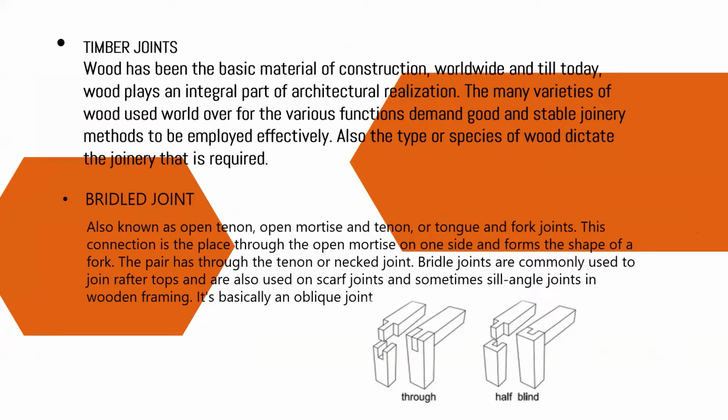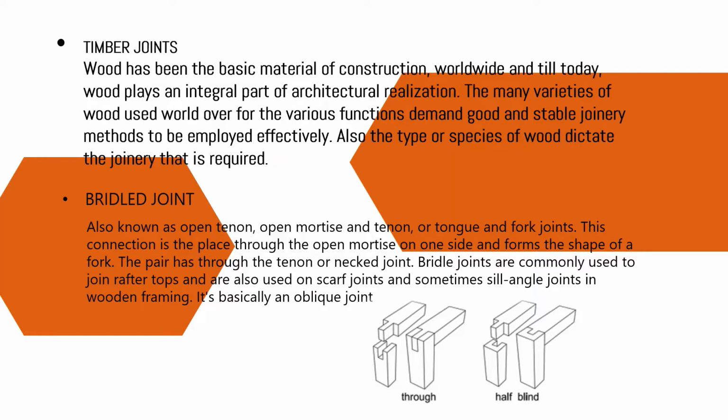The many varieties of wood used for the various functions demand good and stable joinery methods to be employed effectively. Also, the type or species of wood dictates the joinery that is required.